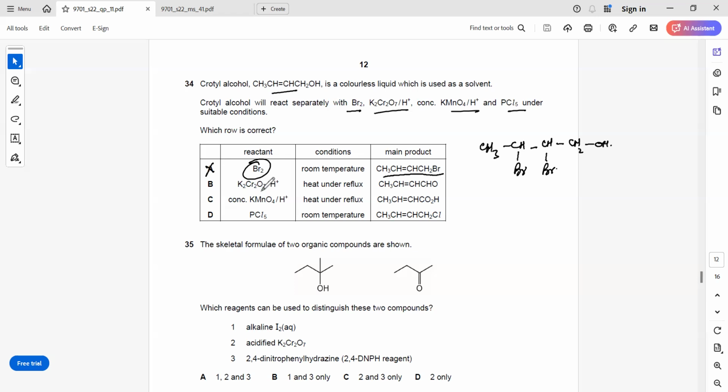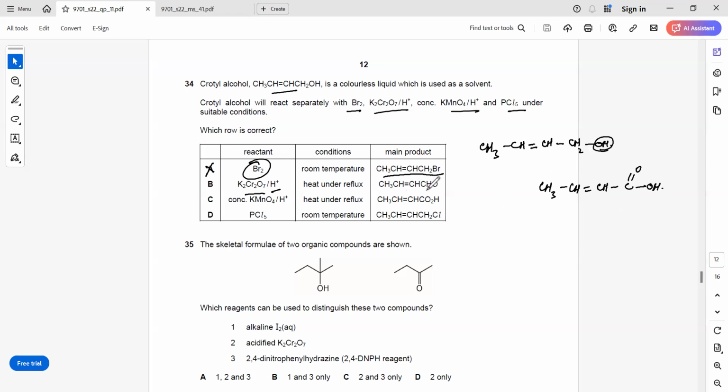Now the next one, they are saying reacting with potassium dichromate, heat under reflux. So what is the role of it? It is actually an oxidizing agent. That will oxidize this alcohol into carboxylic acid. So what product are we expecting? We are expecting this product.